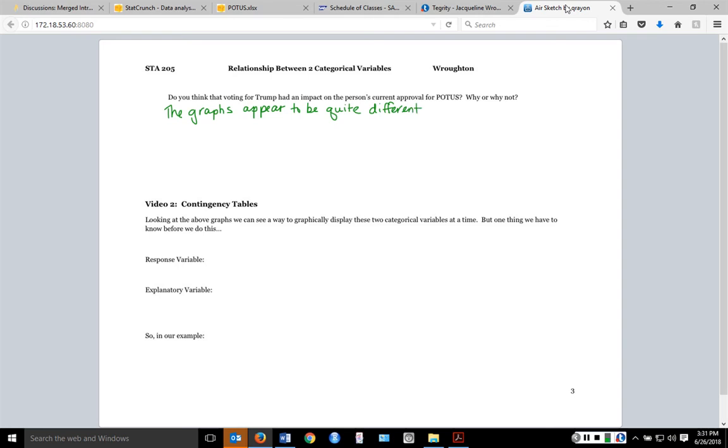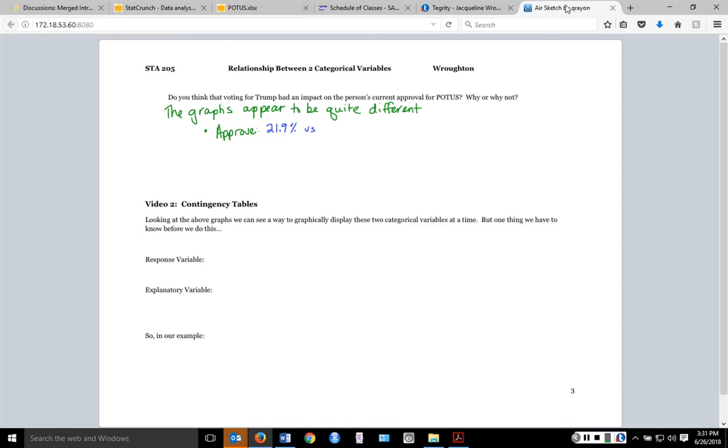And if I start looking at some numbers and comparing them, if I look at those that approve, if I compare those two values that we got, so for those that did not vote for Trump, we had 21.9%.